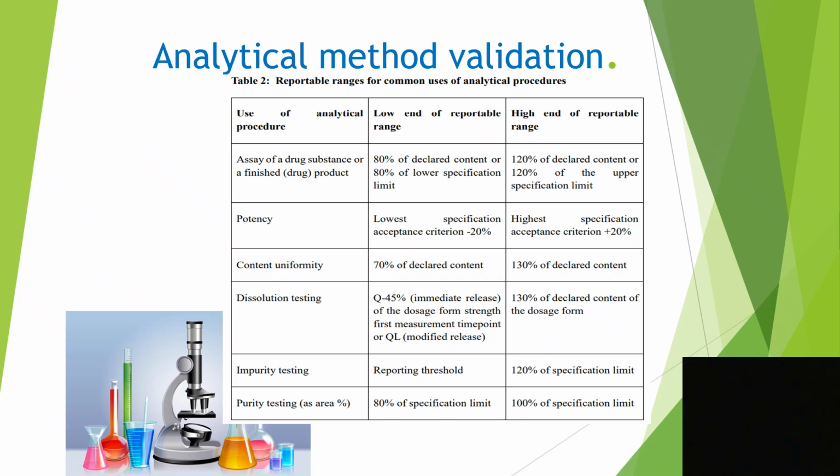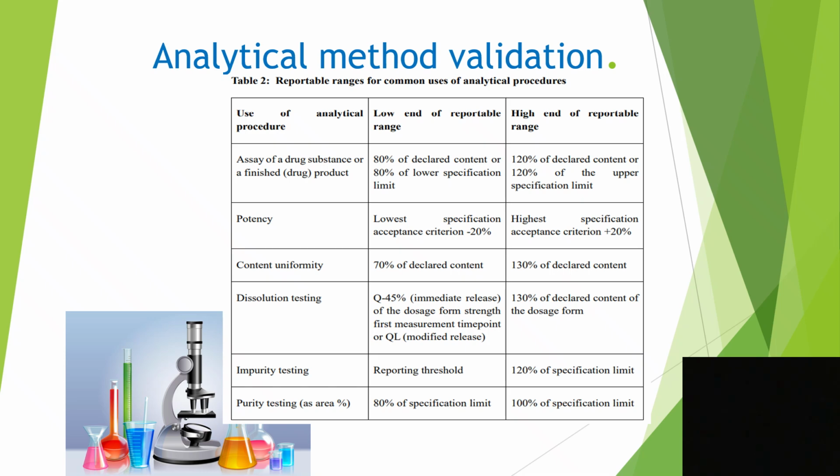Dissolution testing: if 45% immediate release of the dosage form strength, the first measurement time point will be your QL; modified release 45%, but at the upper end it should be 130%. Same here in impurity testing, reporting threshold or 120% of the specification limit.